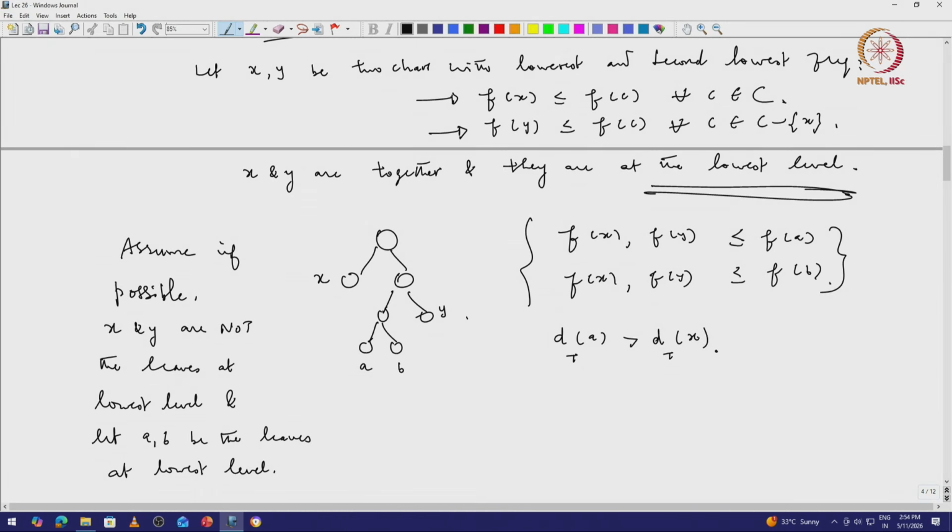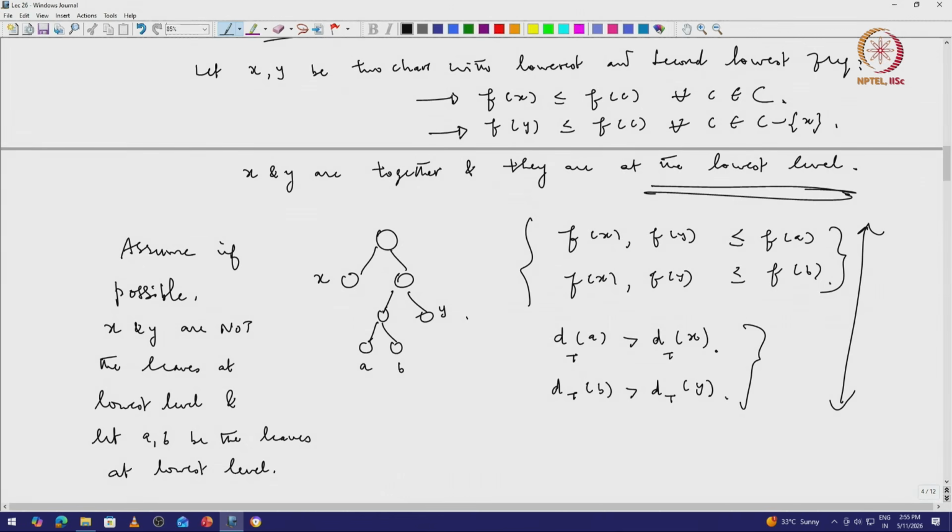Similarly, depth of B is greater than depth of y. So these are the four facts we have about x, y, a, b. Similarly, depth of a is greater than depth of y, and let us say this is how the optimal tree is.